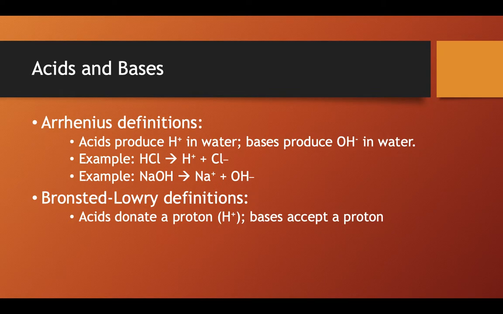Here's an example: hydrochloric acid in water. The hydrochloric acid donates the proton to water. Because it's losing that hydrogen to form the chloride ion, hydrochloric acid is the Bronsted-Lowry acid. And water, going from H2O to H3O and accepting a proton, is the Bronsted-Lowry base.